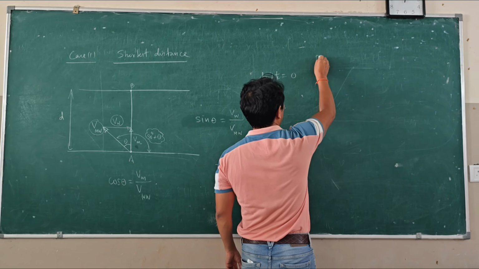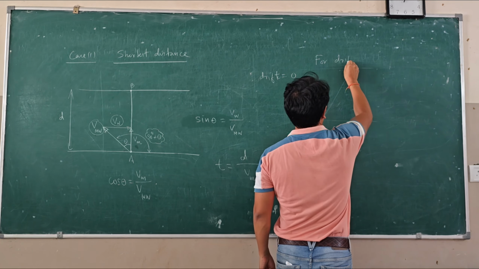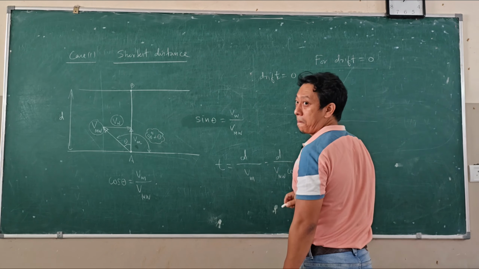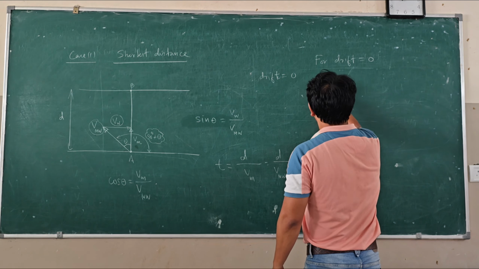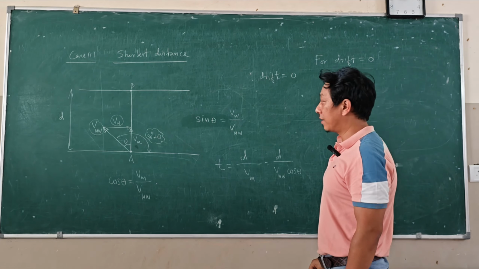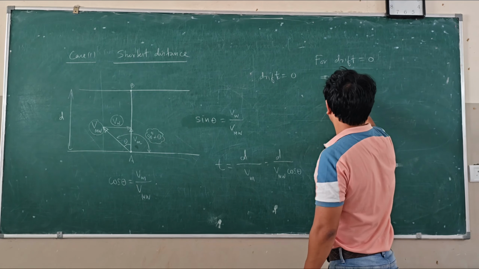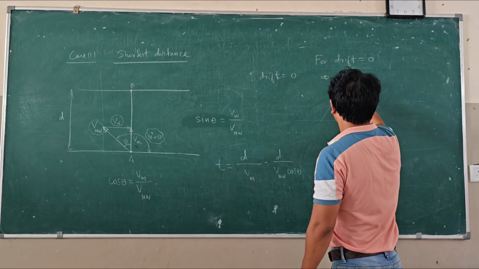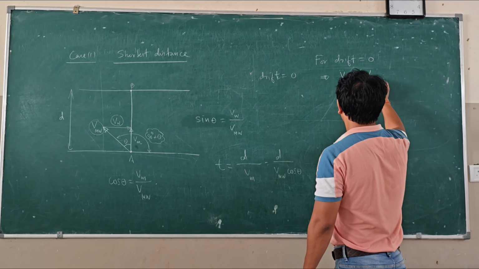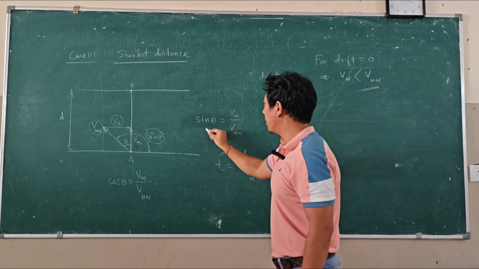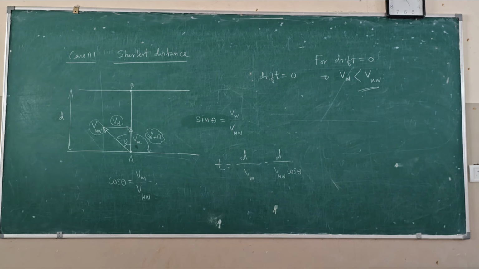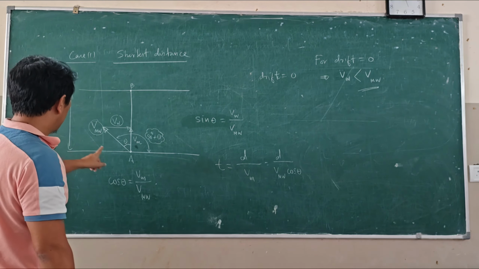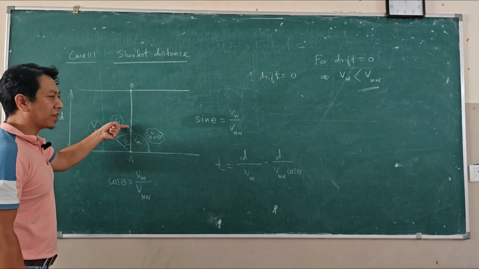So for the drift to be 0, it is compulsory that Vw must be less than Vmw. Otherwise sin theta will become greater than 1. The hypotenuse has to be more than the opposite side.